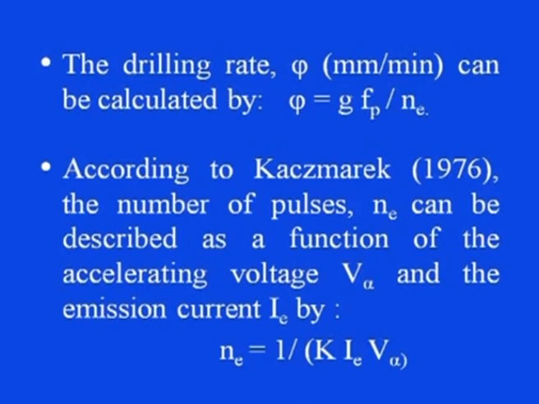According to Kaczmarek, the number of pulses Ne can be described as a function of the accelerating voltage V alpha and the emission current I e. This is given by Ne equal to 1 upon k times I e into V alpha.